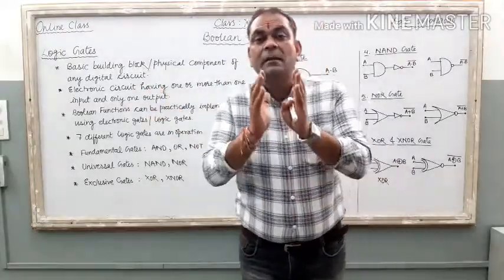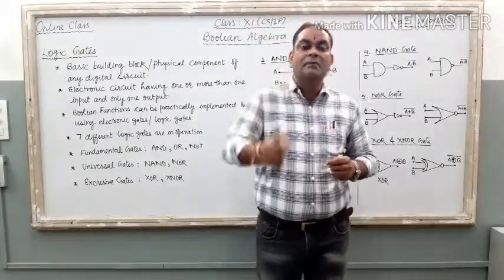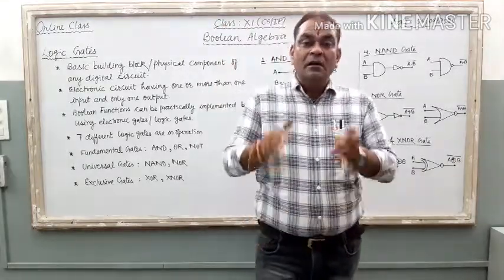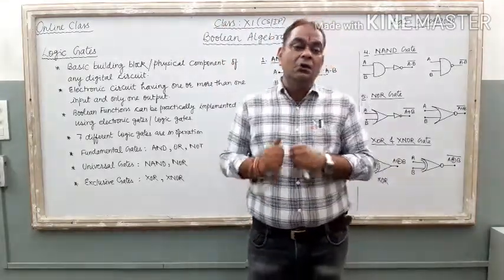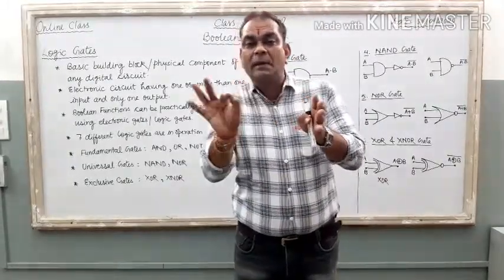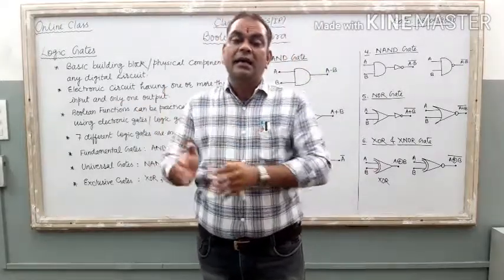Here we are just concerned about ALU. It is a part inside the computer's CPU, inside the computer's microprocessor. What is the role of ALU here? If you expand this term, ALU means arithmetical and logical unit.